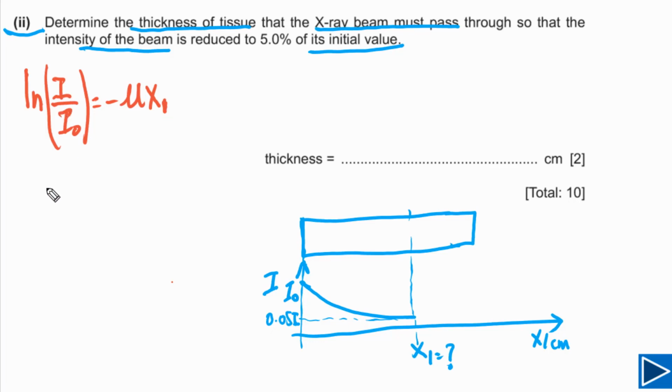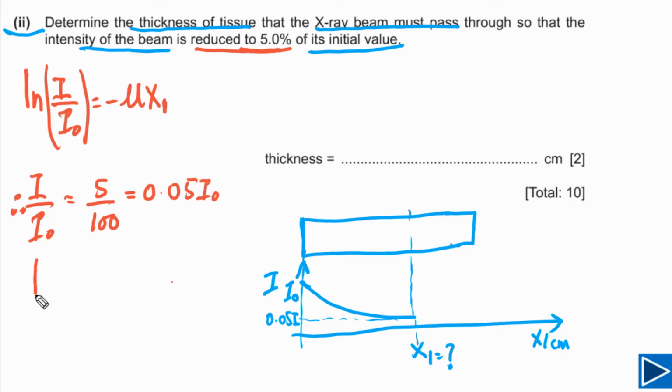The value of I over I naught is given to us: the intensity is reduced to 5%. It simply means that I over I naught is equal to 5 over 100, or simply I is equal to 0.05 I naught.